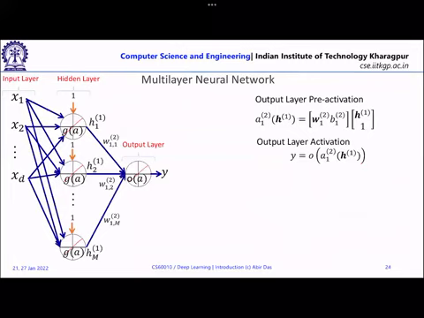Okay. Now we are going to the last, that is the output layer. We have said that first we will see what the case is for one hidden layer. So this is one hidden layer, and this is the output layer. So we have got this H1, H2 to HM.